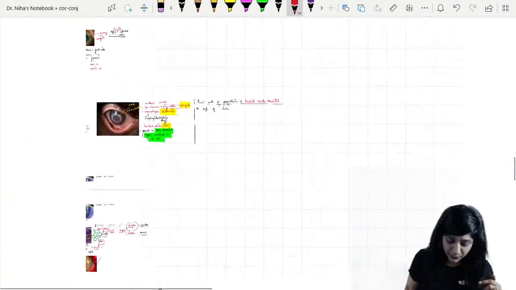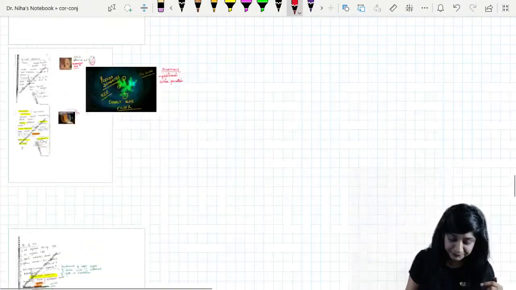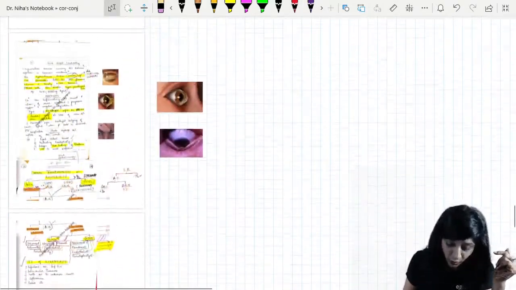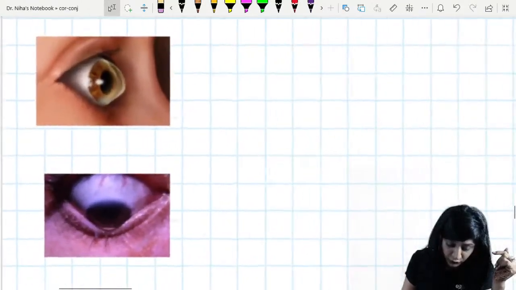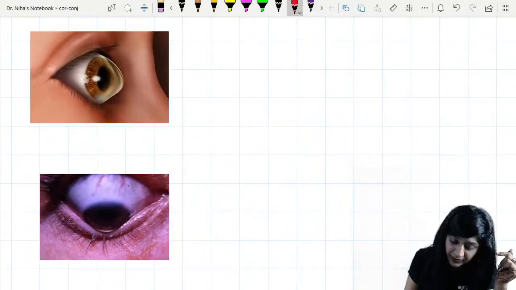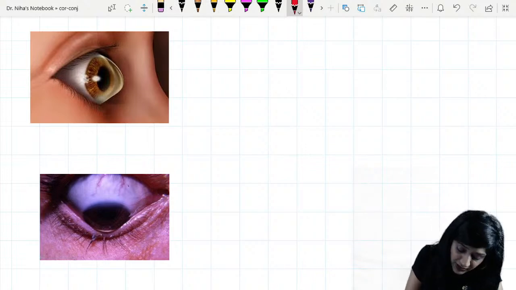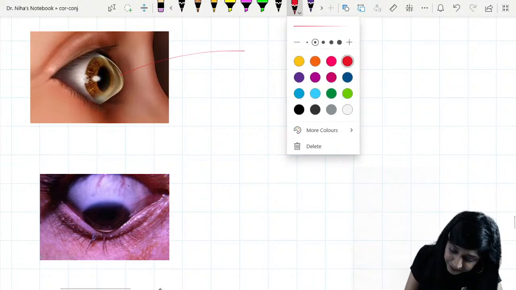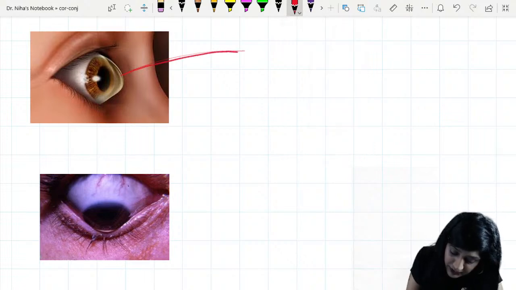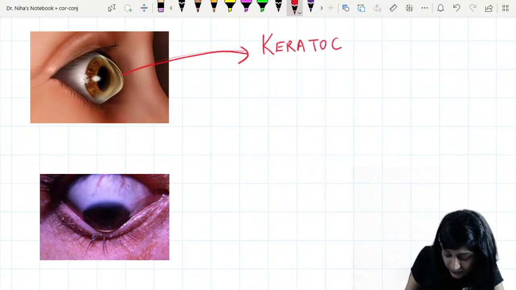One another important thing where we are talking about the non-infective ulcers. Can you see? This is the keratoconus. Very, very important. Non-infective ulcer is the keratoconus.